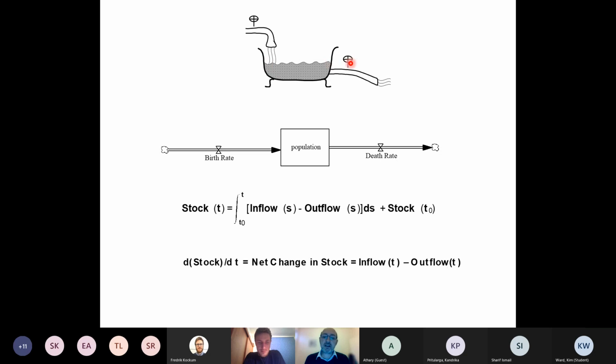And if you open the drain, the water will flow out. So that is something you can use to explain it to somebody. In Vensim, you already see this structure, right? The stocks are usually the boxes, or levels. They call it level in Vensim. You start by drawing a box, a level of population, and then you draw the flow, right?